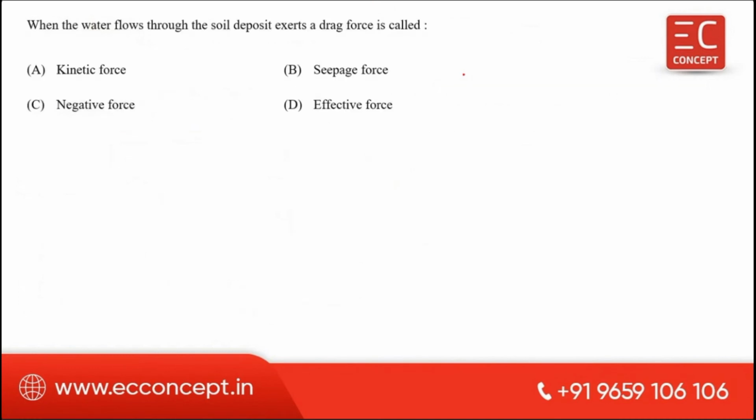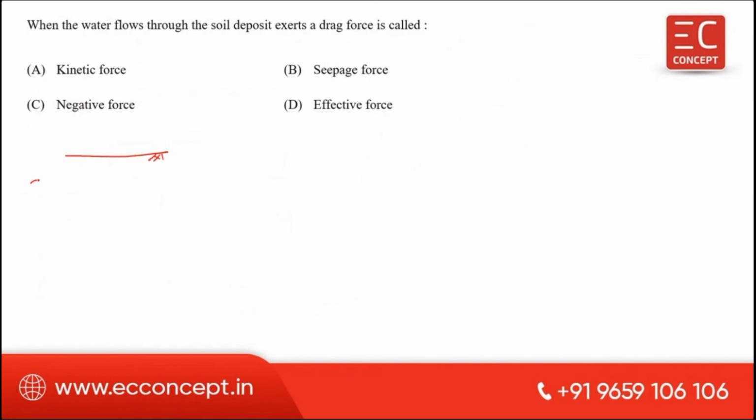Now next question. When water flows through the soil deposit, it exerts a drag force, which is called? The answer for this question is seepage force. For example, this is the ground level.